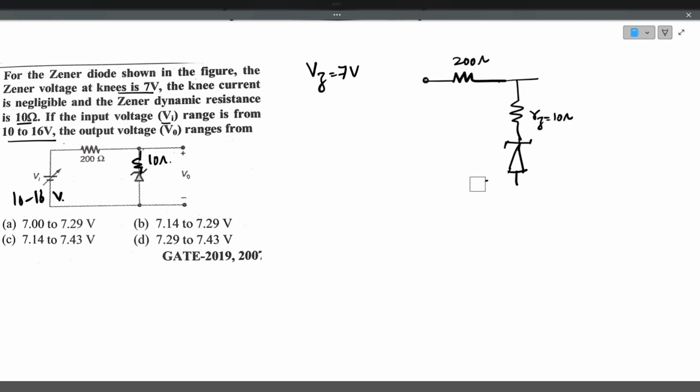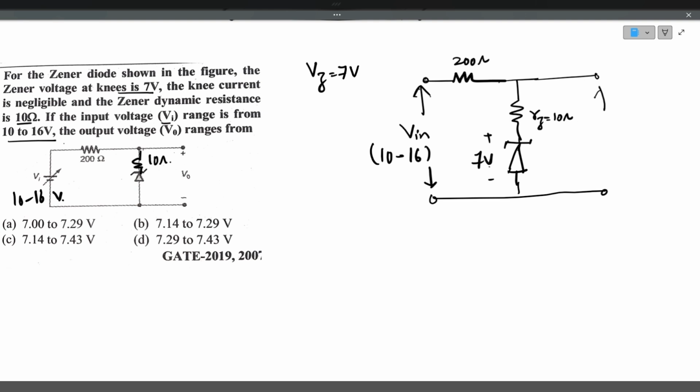Sorry, this is positive and this is negative. The input voltage is applied here, V in, which ranges from 10 volts to 16 volts. Output voltage is collected here. So he's asking for V out minimum and V out maximum.